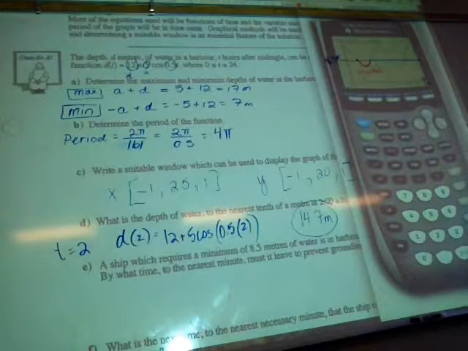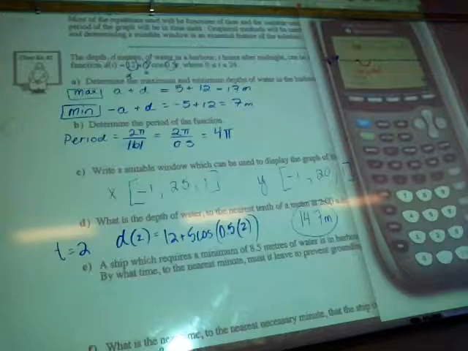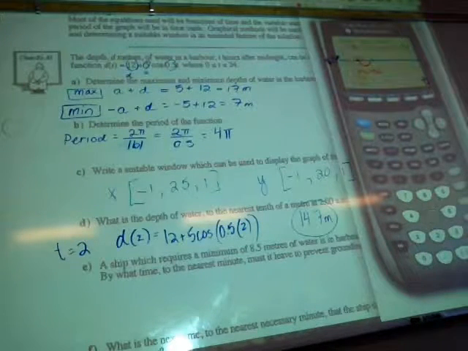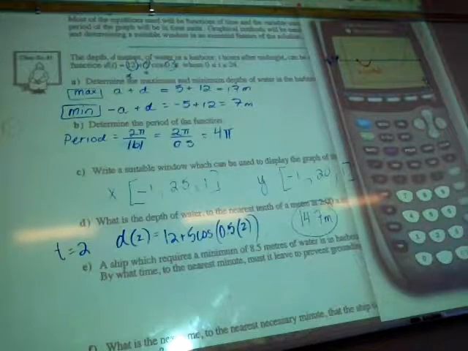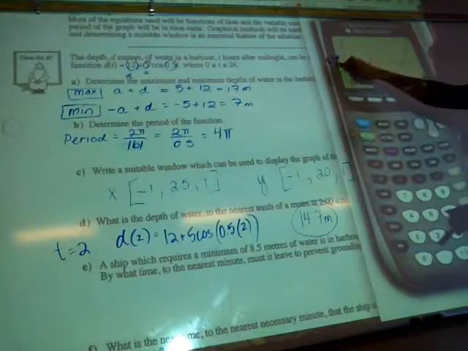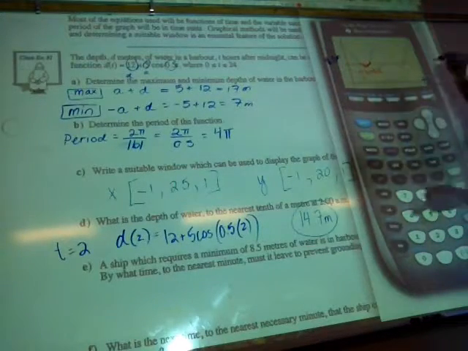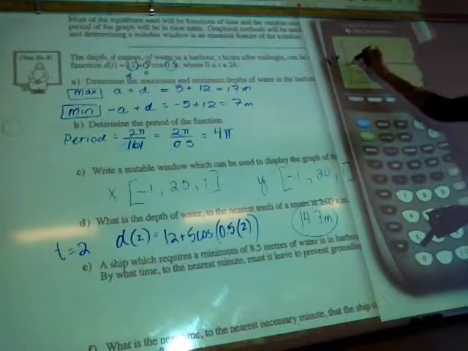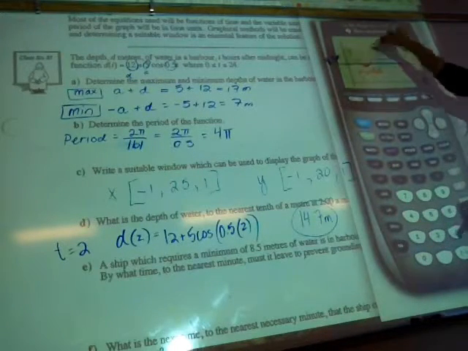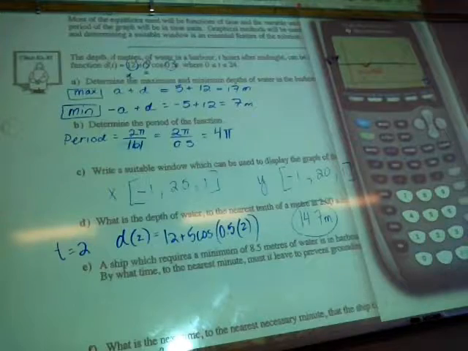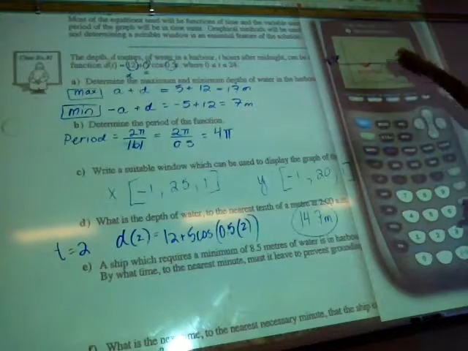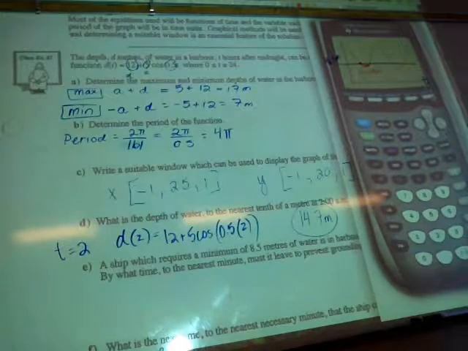So in your y2, you're just going to put 8.5. Okay, so we've just got to figure out this intersection point.